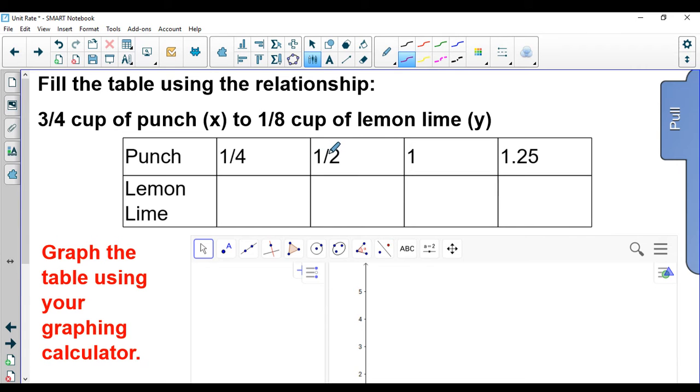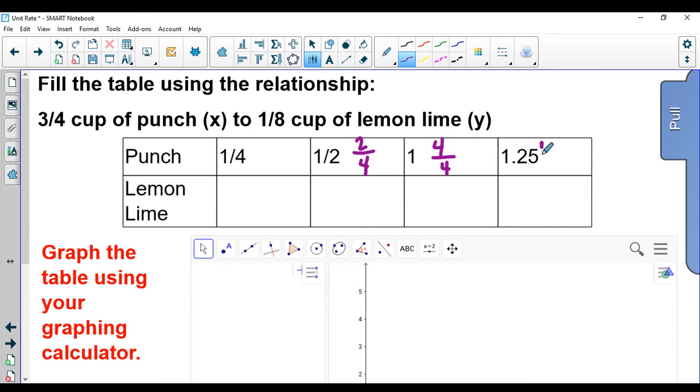So to change 1/2 to fourths, I know that the equivalent fraction for this is 2/4, because 2 times 2 equals 4, so 2 times 1 equals 2. To make 1 into fourths, it is the same as 4/4, because a number divided by itself equals 1.